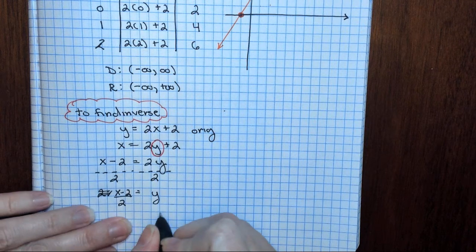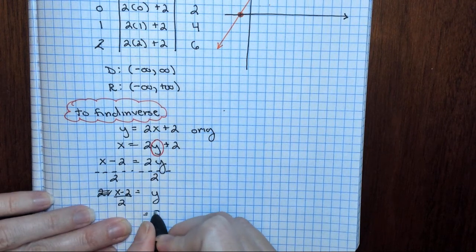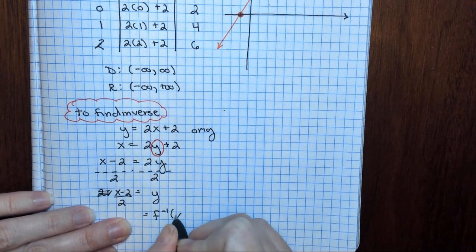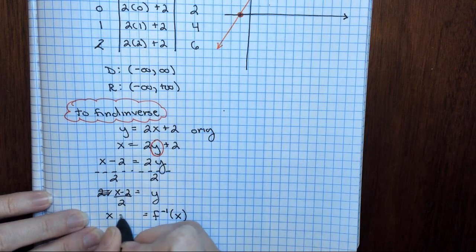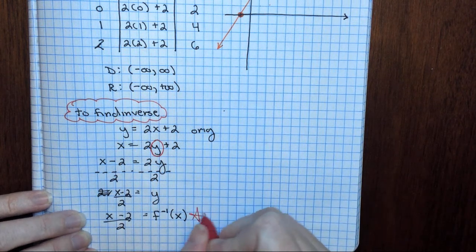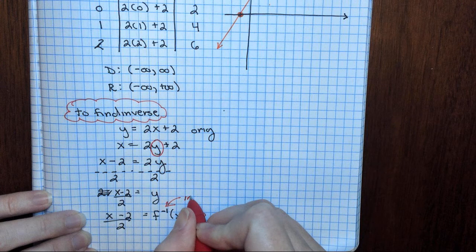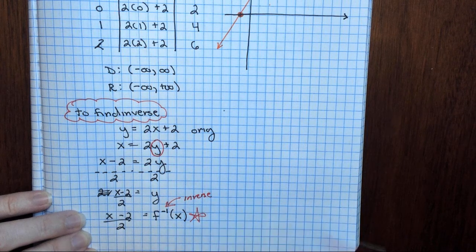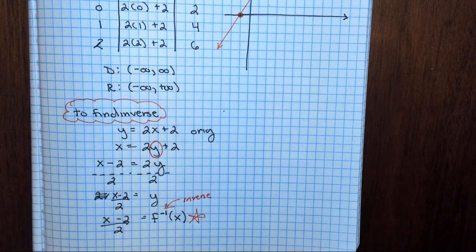So I'm going to write this as f to the negative 1 of x equals (x minus 2) over 2. And this is the inverse. This means inverse.